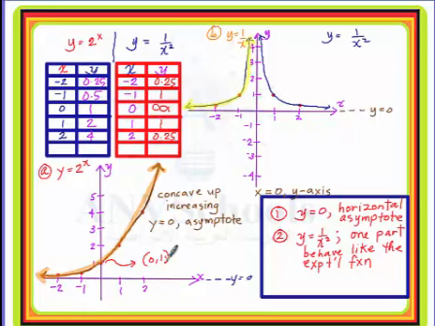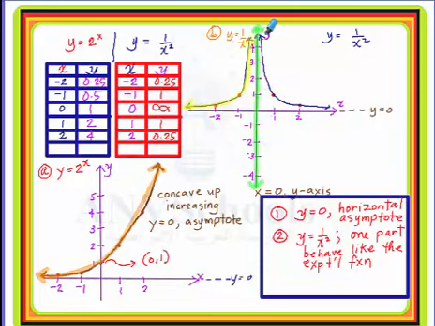Okay? But in this case, we don't have a y-intercept because definitely the y-axis, or x is equal to 0, is an asymptote itself. So this restricts the graph of this function, the inverse variation power function, because your graph could not touch the y-axis at the same time that it couldn't touch the x-axis.